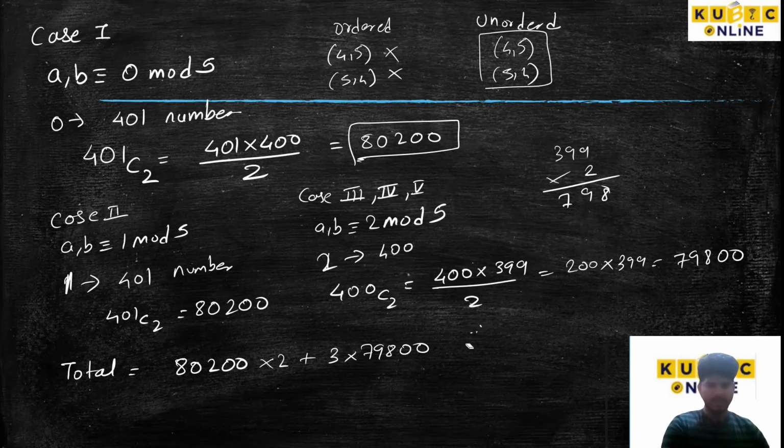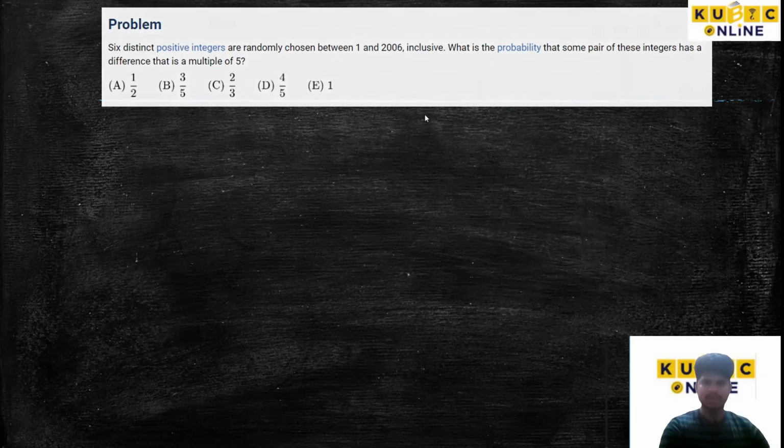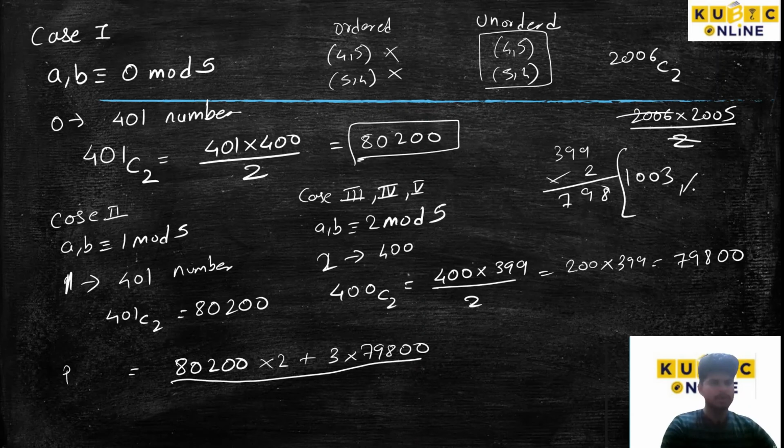Therefore, the probability will be these cases upon how many numbers there are. 1 to 2006, right? So 2006 choose 2, which is 2006 into 2005 upon 2, which is 1003 into 2005.